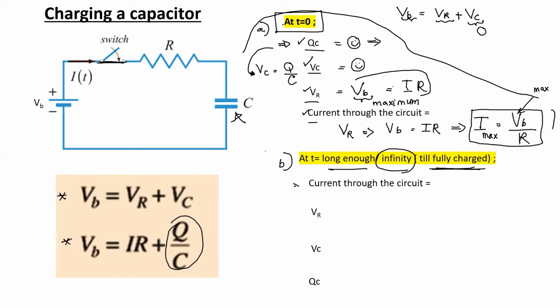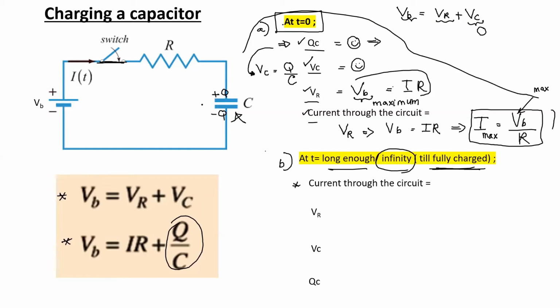Let's start from current in this. Okay. So when your capacitor is fully charged, fully charged means now this plate will have plus Q and this plate will have minus Q, right? Fully charged. Current will no longer pass through the circuit. That is a fact that you have to know. When it is fully charged, there is no reason for the current to flow, right?